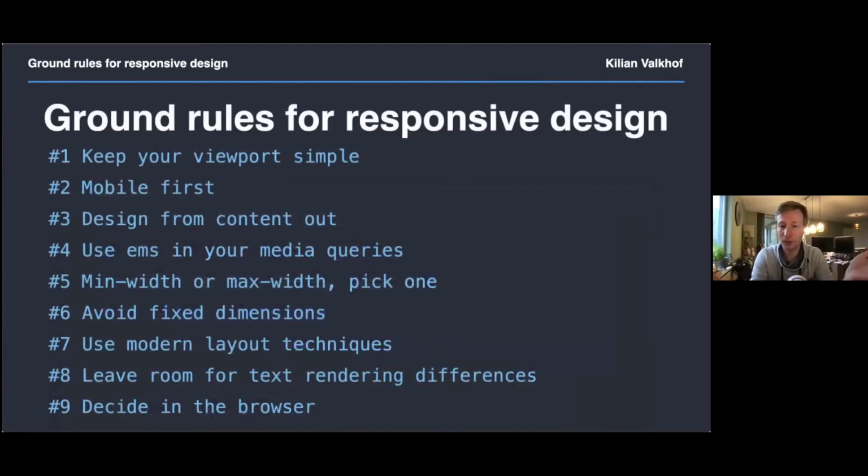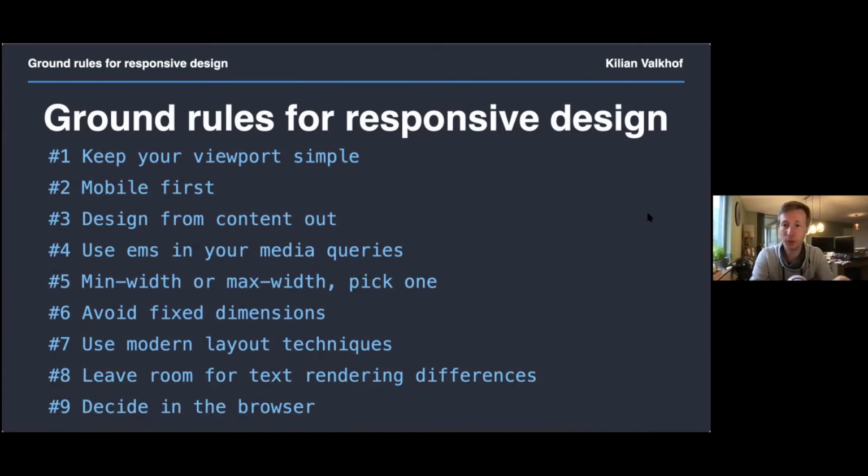So these were my 10 ground rules for responsive design. Keep your viewport simple. Start with the narrowest width or start mobile first. Design from the content out. Let the content dictate where your breakpoints happen. Use ems in your media queries because they'll size along with whatever user preferences your user has set. Use min width or max width, but don't use both.